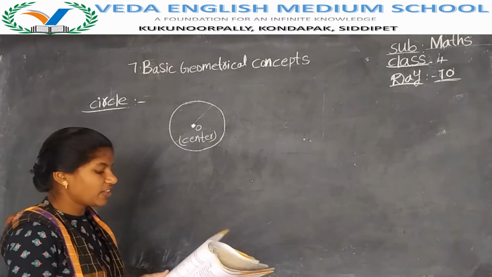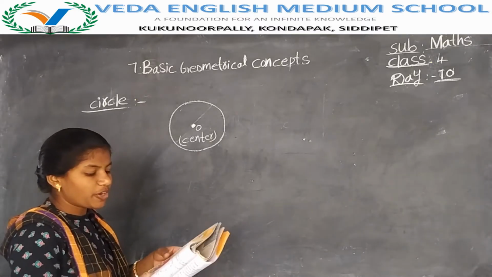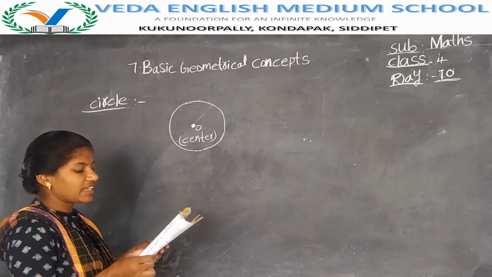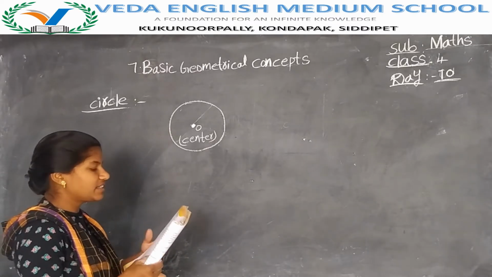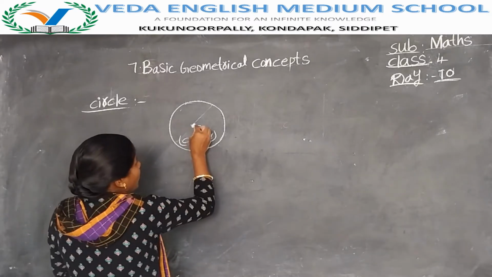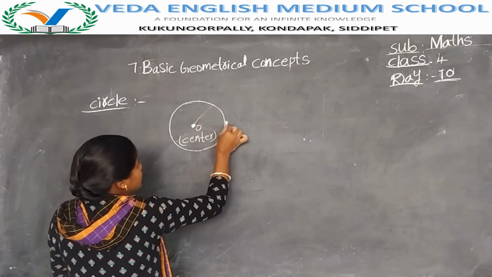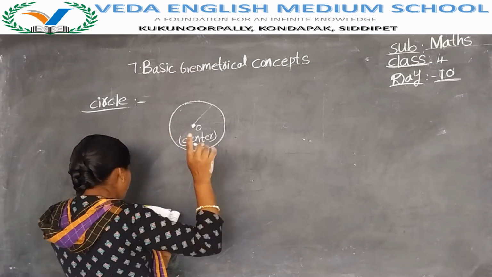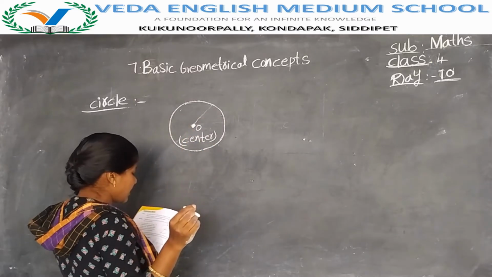The fixed point from which all the points on the circle are at equal distance is called the center. From this center, all the points are at equal distance.